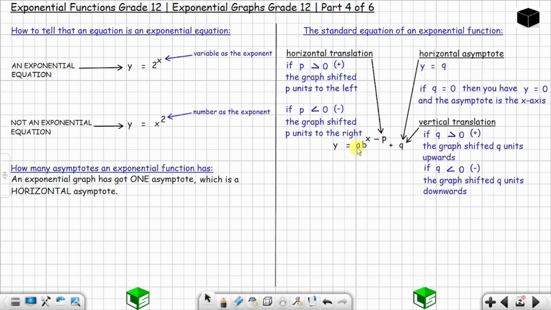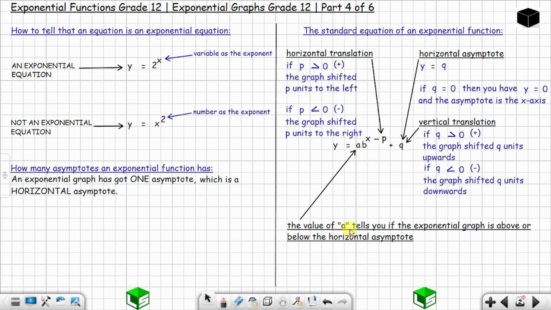Now, let's look at the value of A. What does A do to the graph? The value of A is going to tell you if the exponential graph is above or below the horizontal asymptote. Remember, an exponential function has one asymptote, which is a horizontal asymptote.